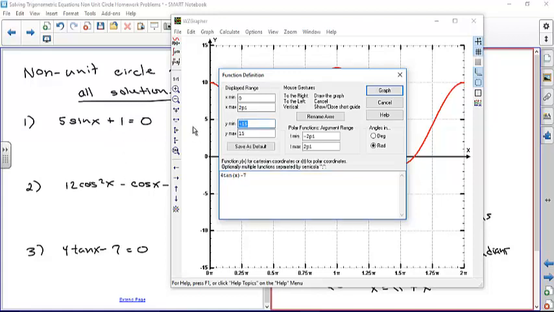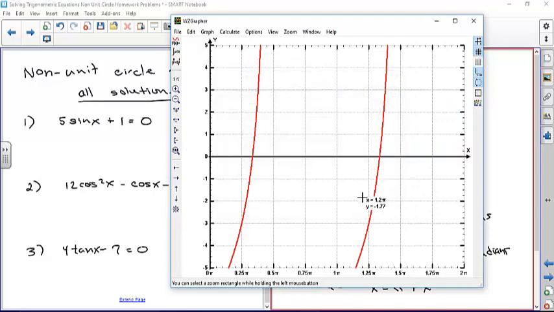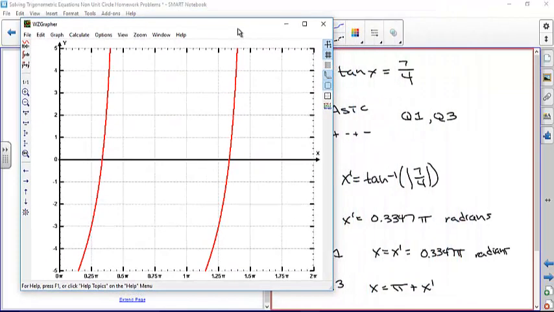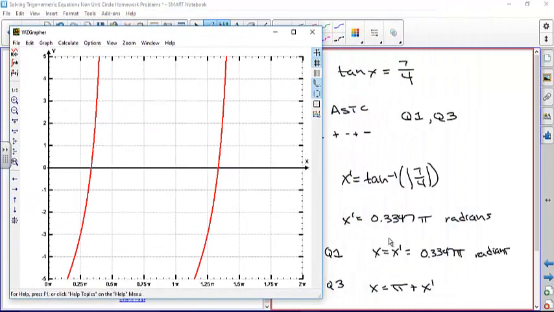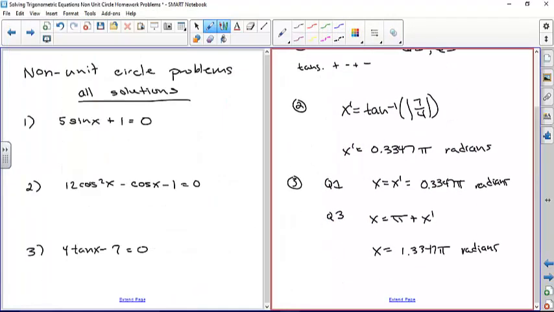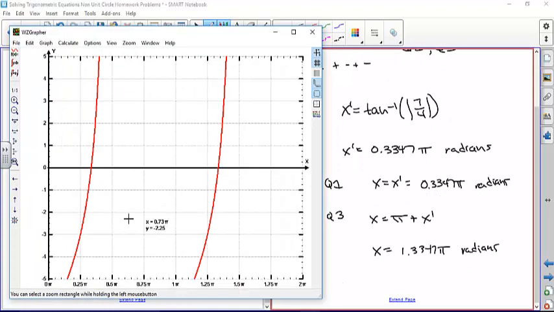And let's go from negative 5 to positive 5. Just need to have 0 in there someplace. And you see there's two solutions. And the two solutions should be 0.3347 pi. That's that right there, 0.34 pi. And this one is the second solution, which is 1.34 pi.